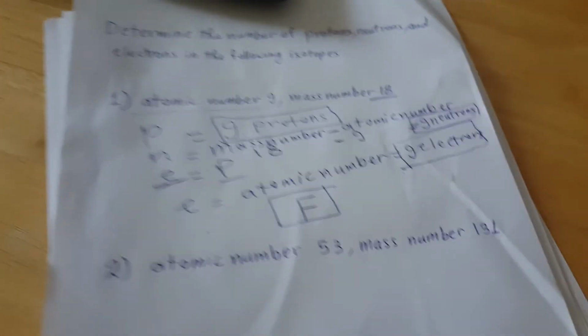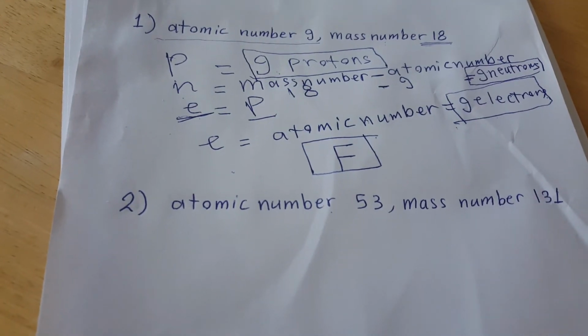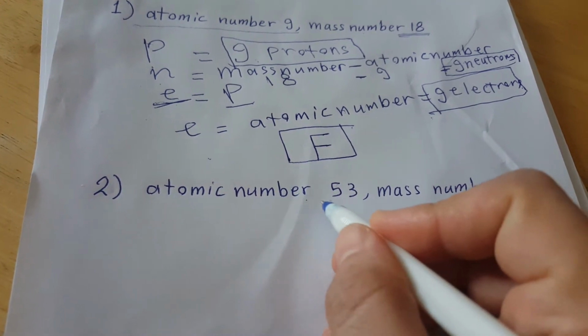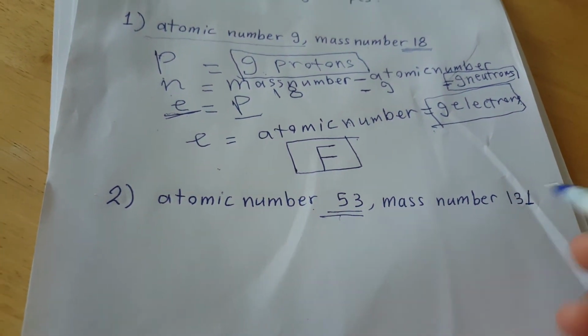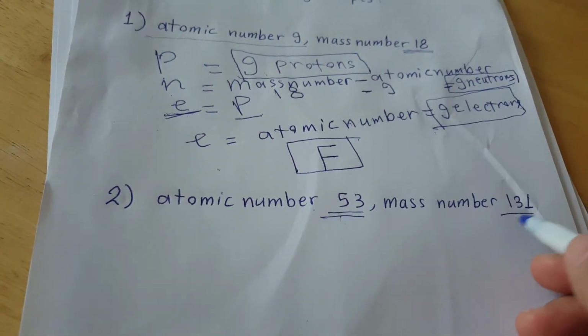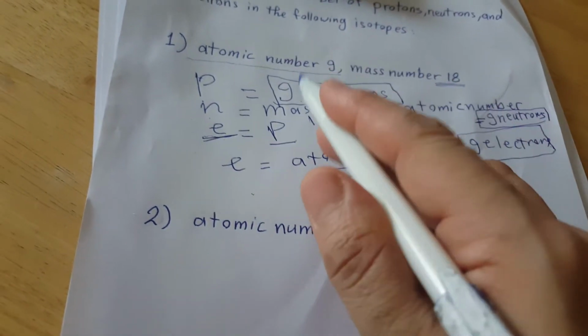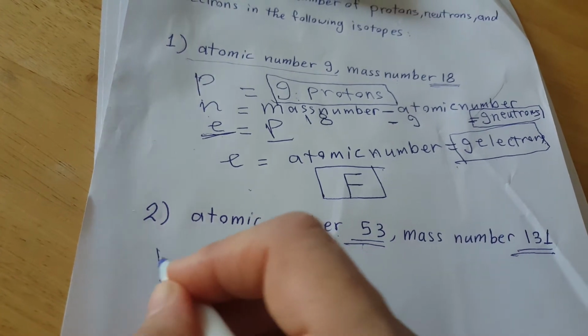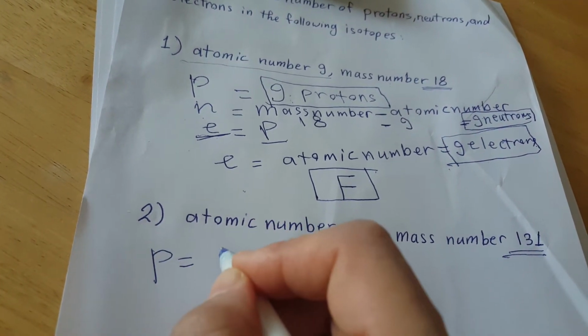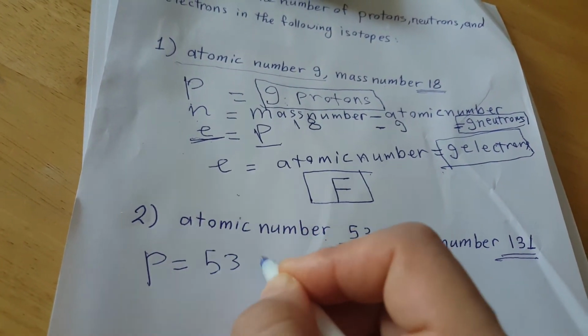Okay. Now, the atomic number is 53. Mass number is 131. The same as what we did here. Protons is the atomic number, meaning 53 protons.